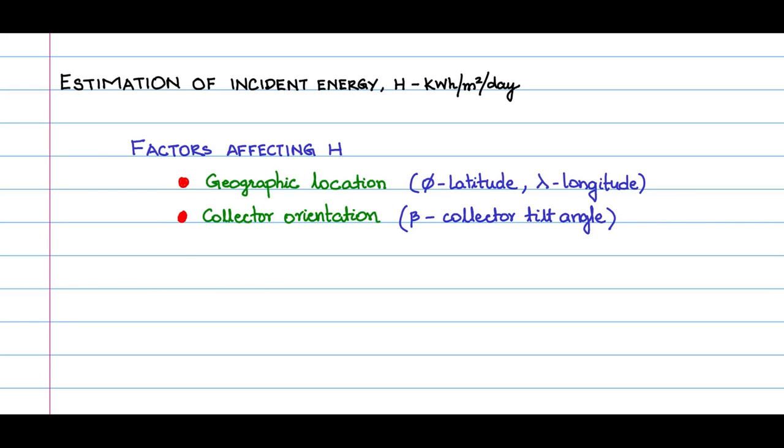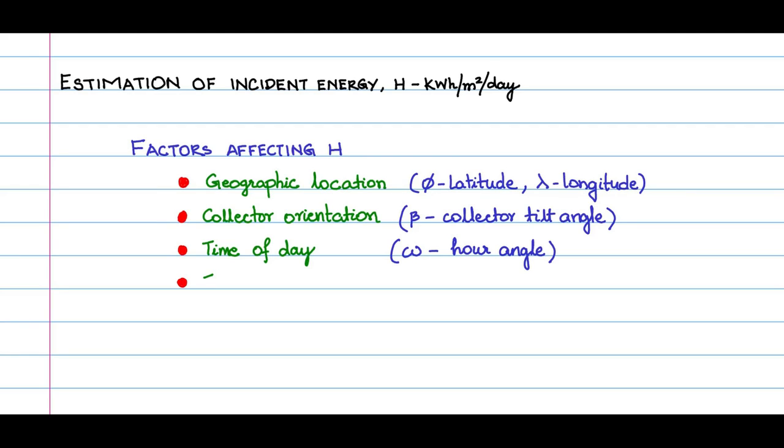Another very important factor is the time of day. This is something that we have discussed already, and we saw how the insolation is affected by the time of the day, and we use the symbol omega for hour angle. Omega, the hour angle, represents the time of the day, and which also represents the diurnal changes and diurnal effects.